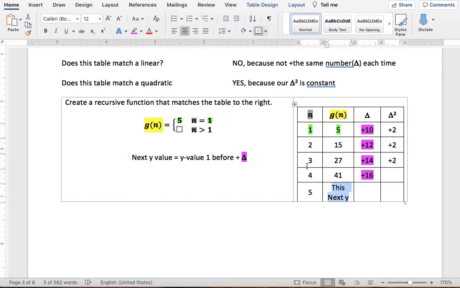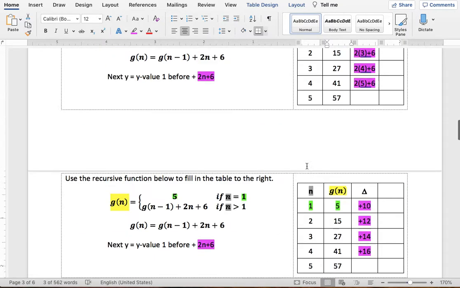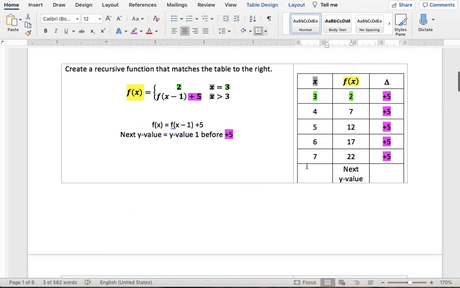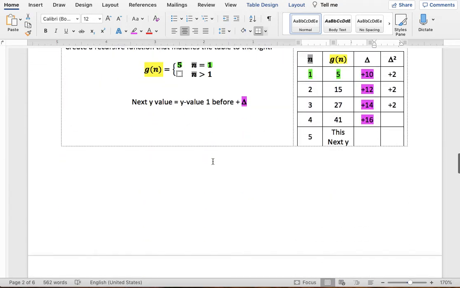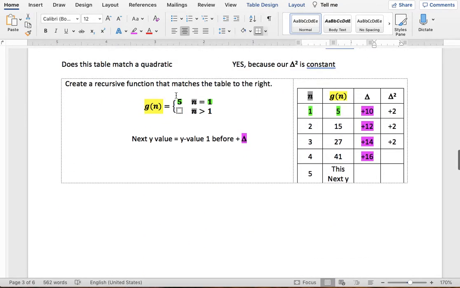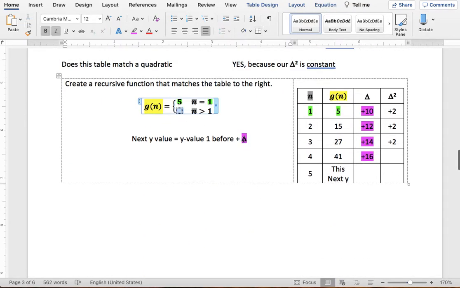Now, unlike our linear, unlike our exponential, that next column is not always the same number. So, therefore, in our equation here, our red column is not going to just say plus a constant, plus a number, or times a number.